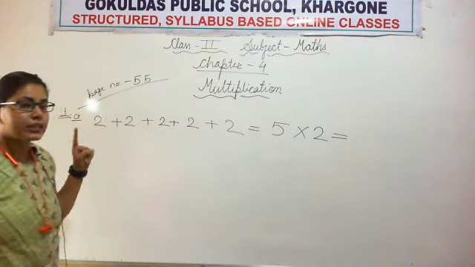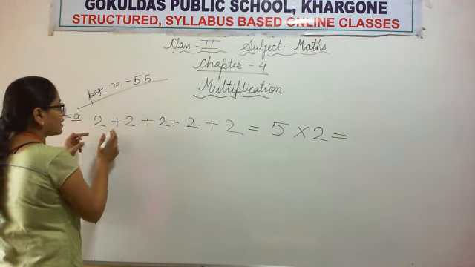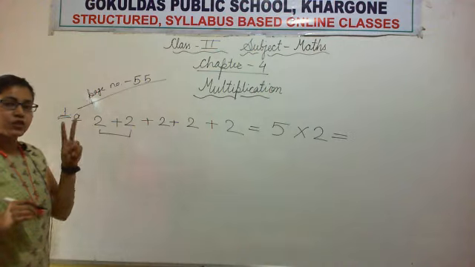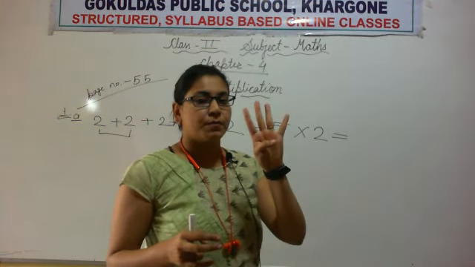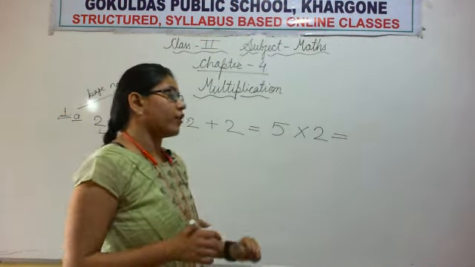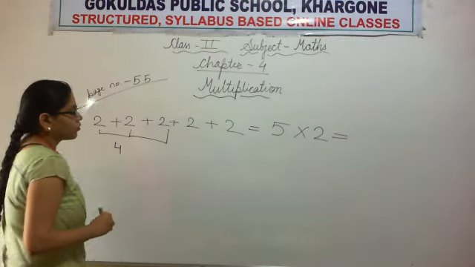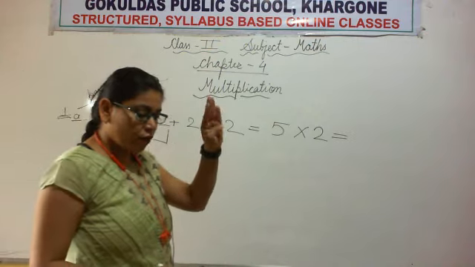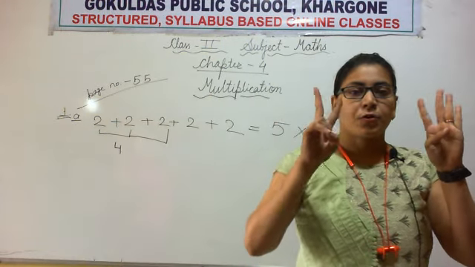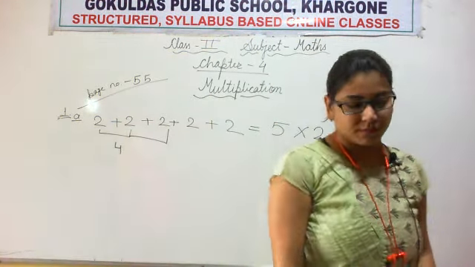Now let's solve it. 2 plus 2 is 4. Now 4 plus 2, these 4 fingers, 2 more. 4 plus 2 is 6.